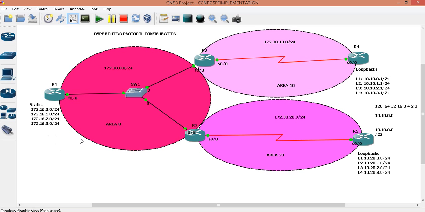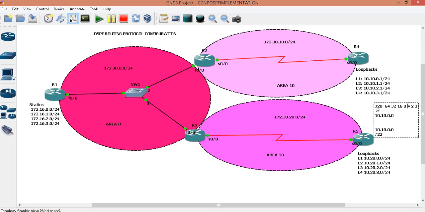So we do the increments here: 128, 64, 32, 16, 8, 4, 2, 1. This 4 is the next network after the third network here. I just convert all this to bits: 1 bit, 1 bit, 1 bit.